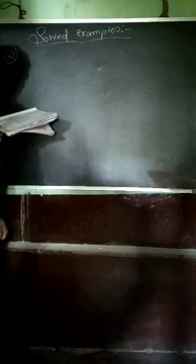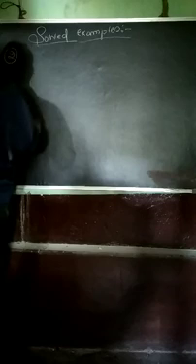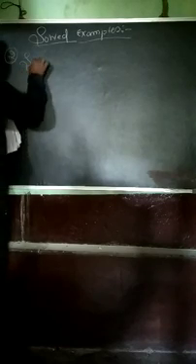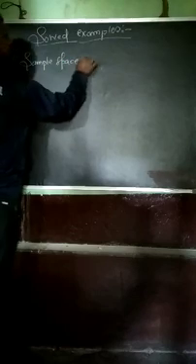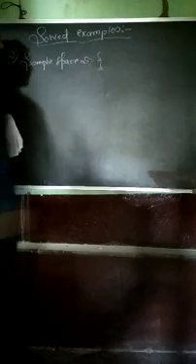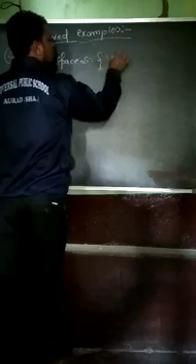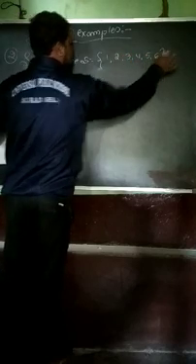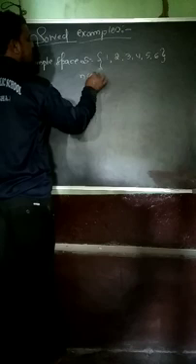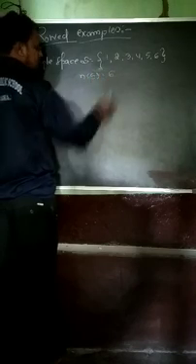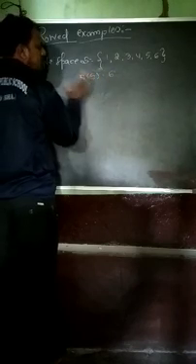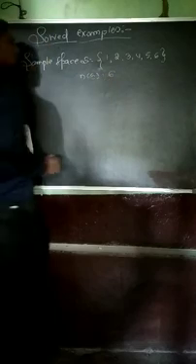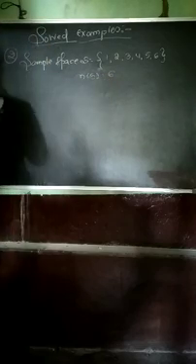One die is rolled, then find the probability of each of the following. So write the sample space S is equal to 1, 2, 3, 4, 5, 6, right? N of S is equal to 6. The number of sample points in the sample space is equal to 6, right?